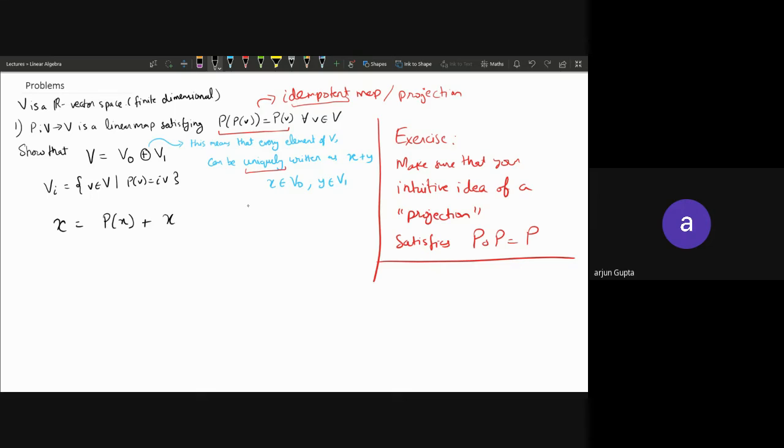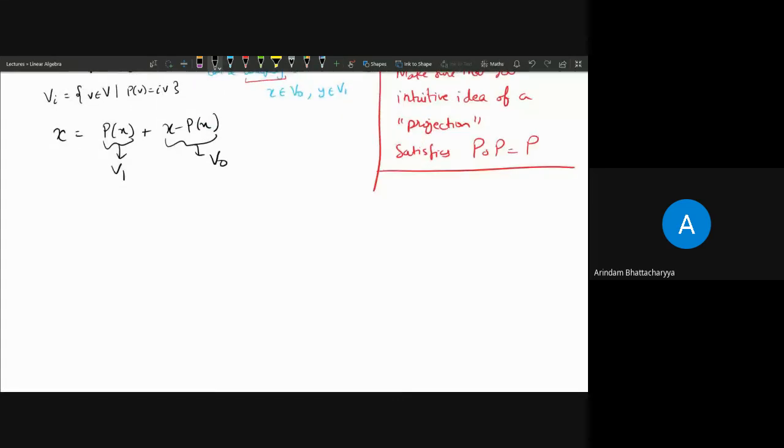Here x minus P of x is in the kernel. So this is in V0, this is in V1. And can you prove that this is unique? If you, it suffices to show that the only way to represent 0 is 0 plus 0, and you can take P on both sides.